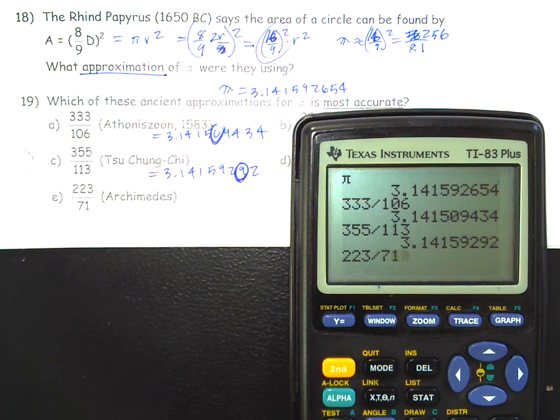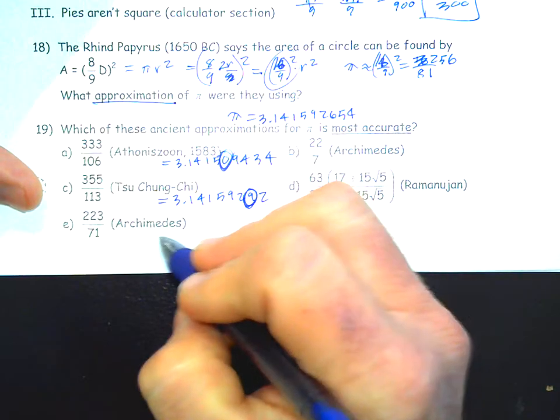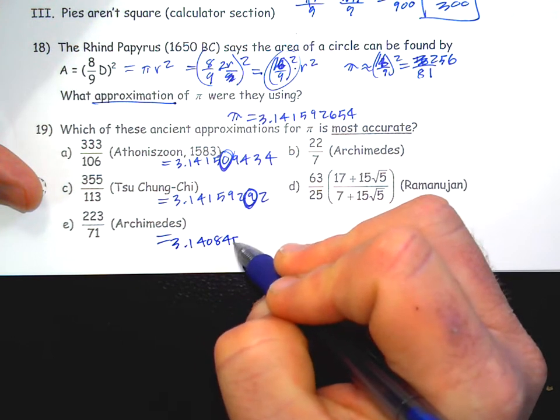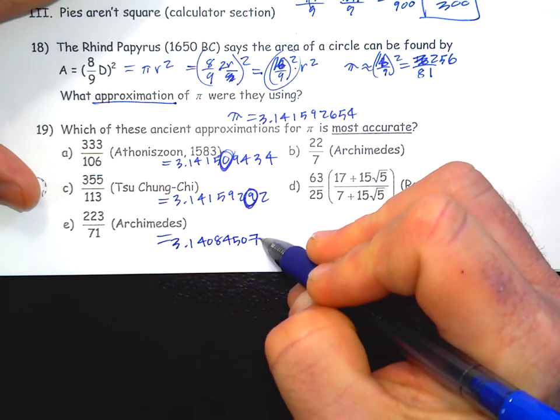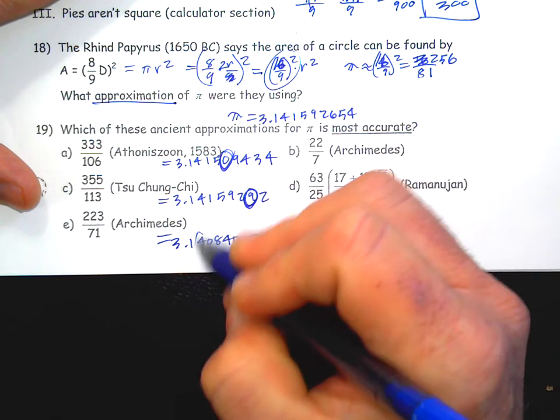And some of them came up with better ones. So 223 over 71, you could write that down. 3.140845507, and that one is accurate until right here.